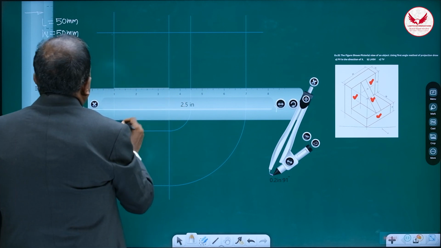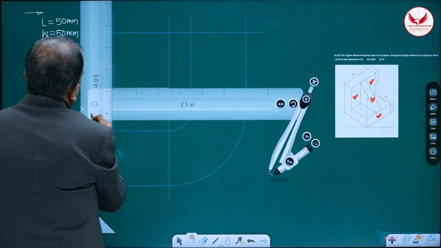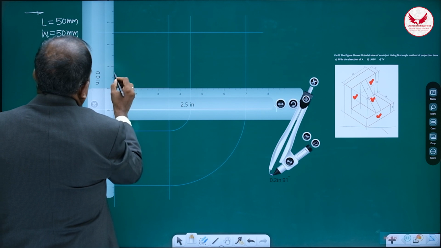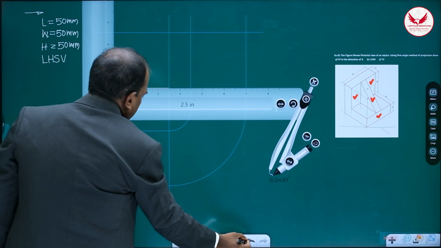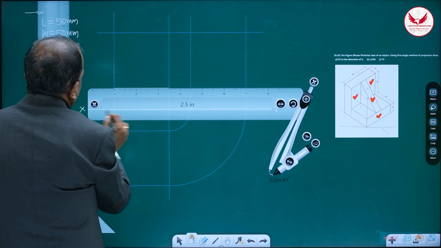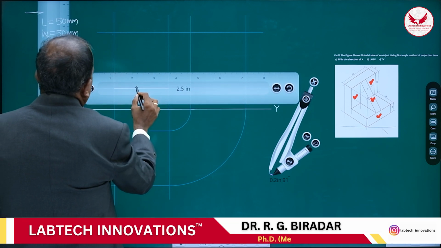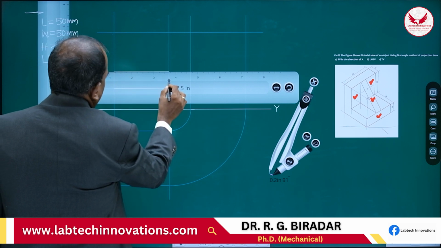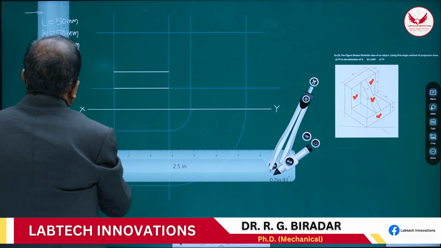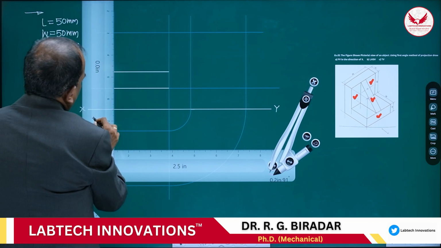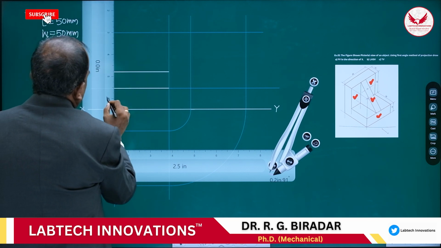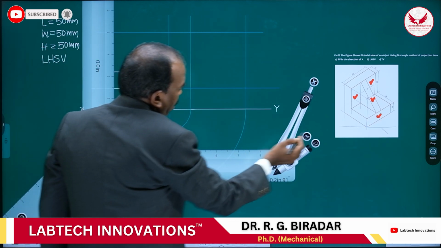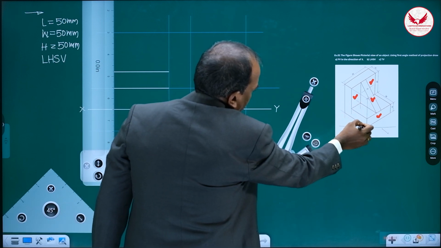Then its height is 15, we can mark that 15 and immediately mark it. So this portion. So this is 15 by 20, this rectangle plus this rectangle also.